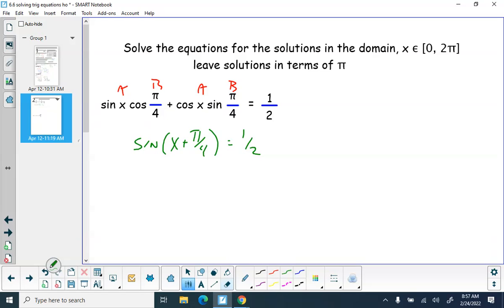Take your inverse sine of both sides. Get your two values.